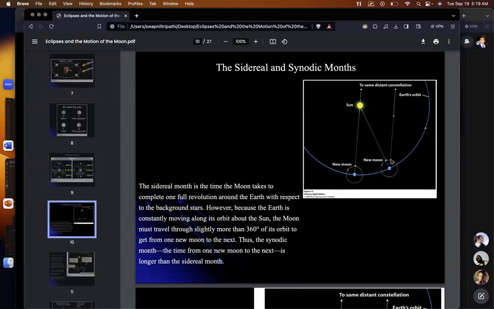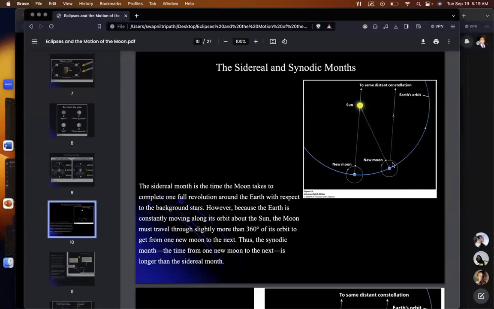And the moon does that in about 27 days. Somewhere I've noted the exact number of days. It's about 27 days. However, standing here on Earth, how ancient people imagined the cycle of the moon, they were looking at the cycle from new moon to new moon.